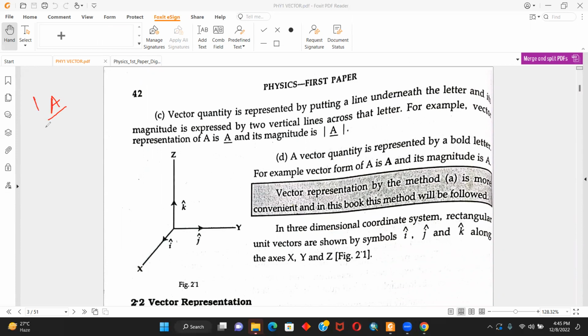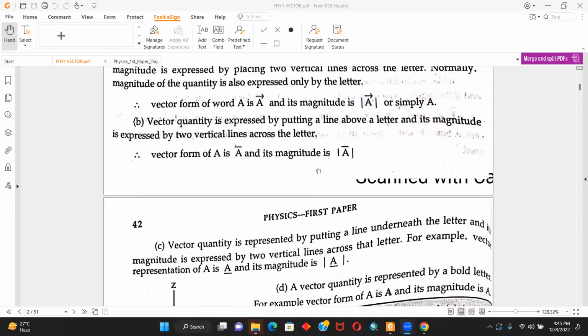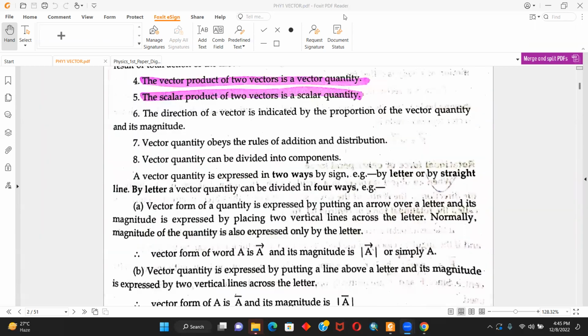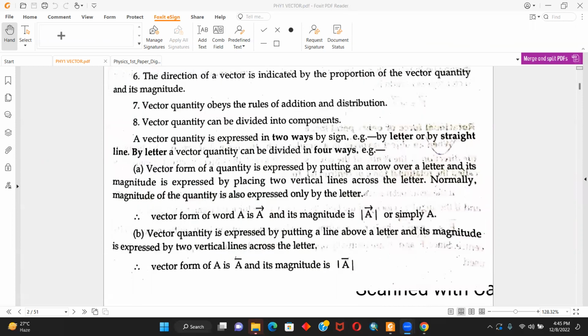To express its magnitude, it will be a modulus sign as well. A vector quantity can also be represented by a bold letter. For example, the vector form of A is bold A and its magnitude is A. We have seen all the possible representations, but I would suggest that you represent it this way. This is the best way.